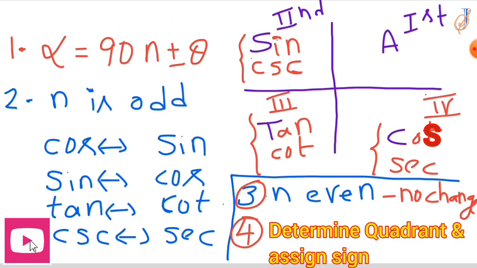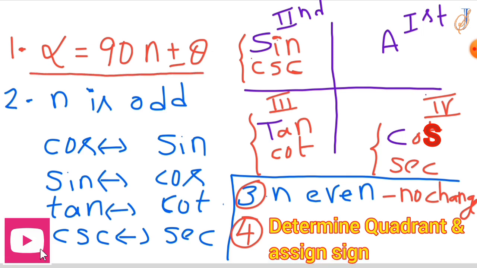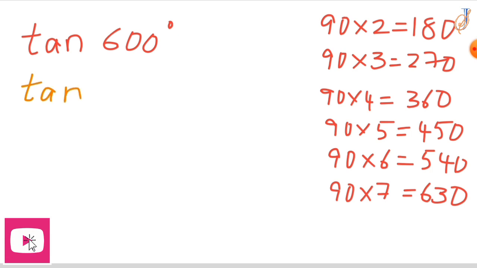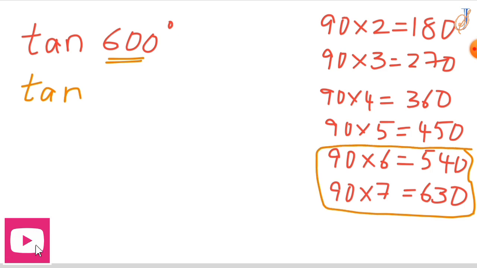The first example, take tan 600. What is our first step? Whatever angle you are given, you need to convert it in terms of 90 times n plus or minus theta. Tan 600, you need to convert in terms of the 90 table. 600 lies between 540 and 630. You need to take the nearest one. Suppose 540, if you add 60, then you will get 600, isn't it?